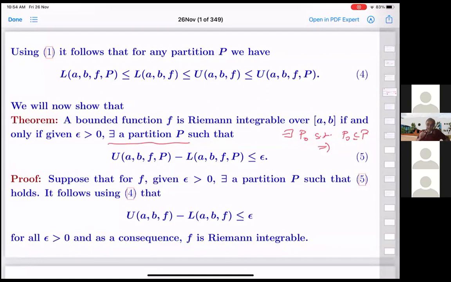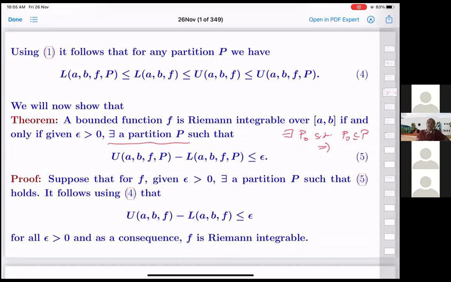Using this, we'll prove it just now, but for example, you can write down that f(x) equal to x to the power k, where k is any integer, is integrable on the interval 0 to 1. By taking an equal partition, you can compute the distance and make it small enough so that it is less than epsilon, and that's it.